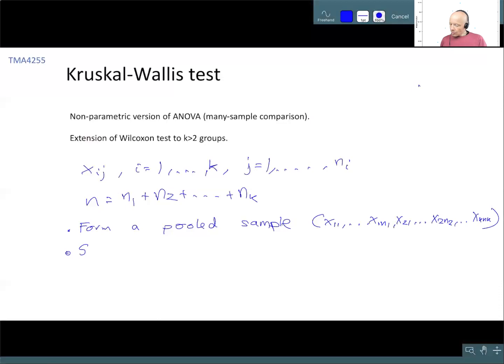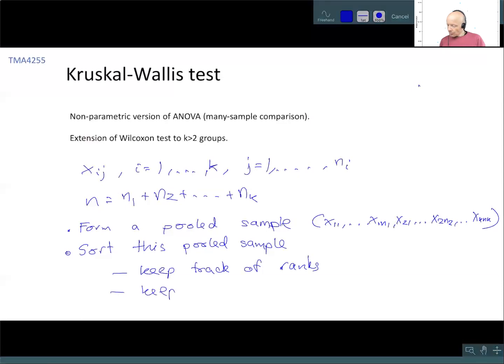And then we sort this pooled sample, and we keep track of ranks. And we keep track of group index.